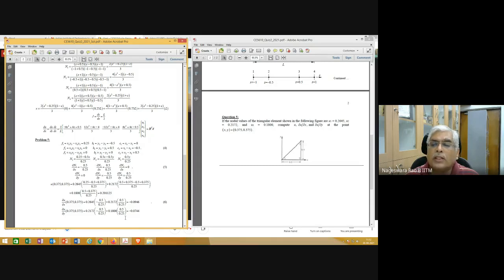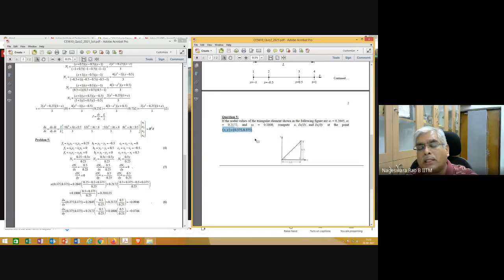Okay. So once you have this, you can easily compute the u value, the derivative of u with respect to x, and the derivative of u with respect to y. The location of the point of interest is that one.